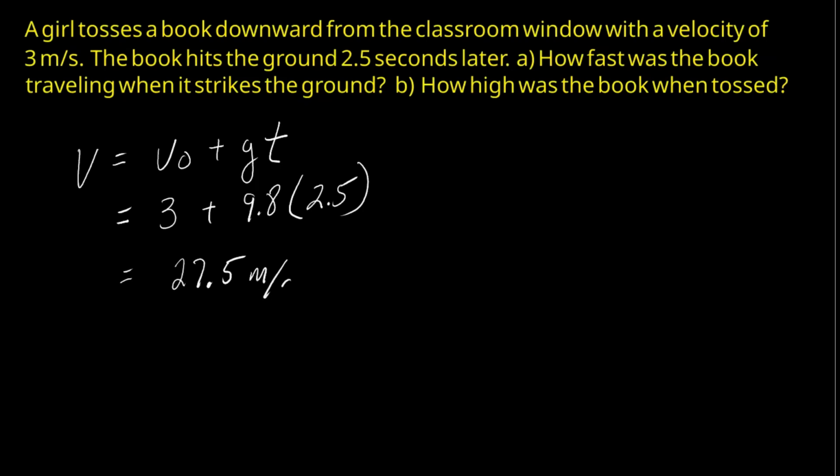27.5 meters per second. To find the initial height, we will use y equals the initial velocity times time plus 1/2 gt squared.